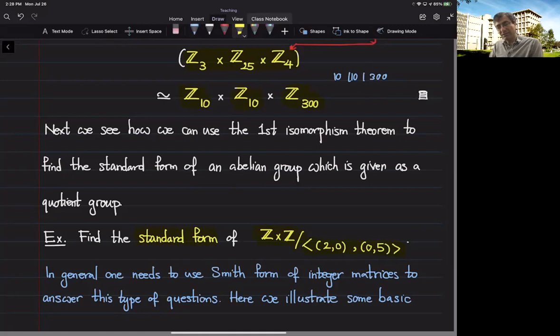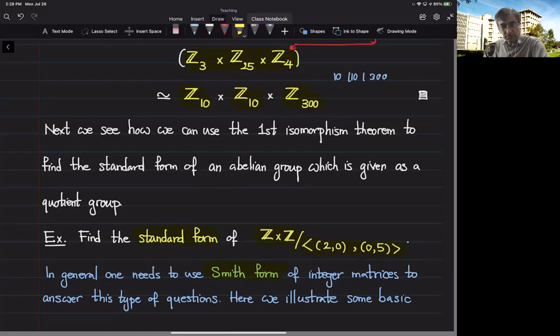To find the standard form of these abelian groups, one needs to use the Smith form of certain integral matrices. We are not going to discuss Smith form in this course. Here we are going to illustrate some basic examples and the ideas behind Smith form a bit.